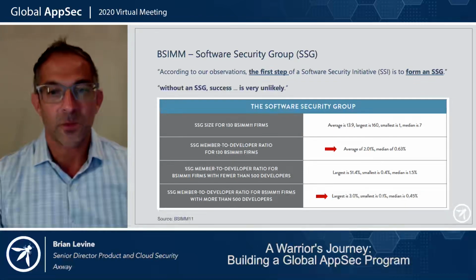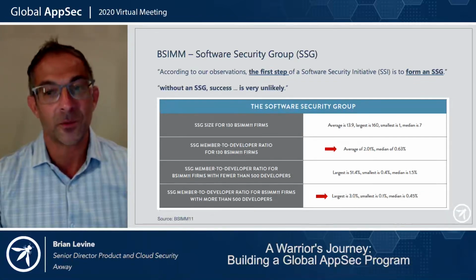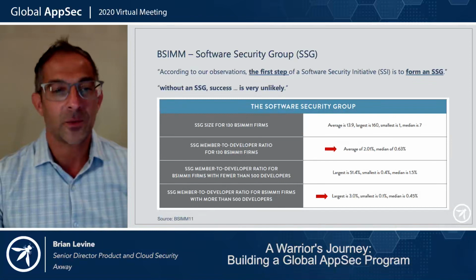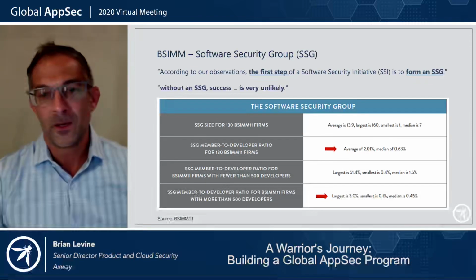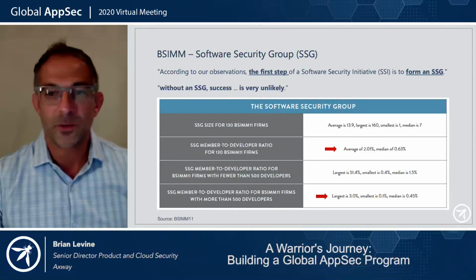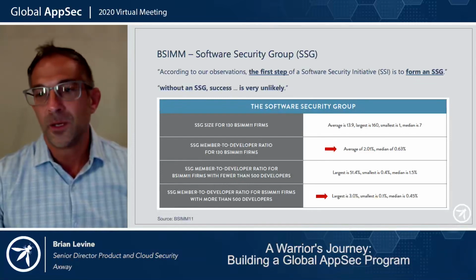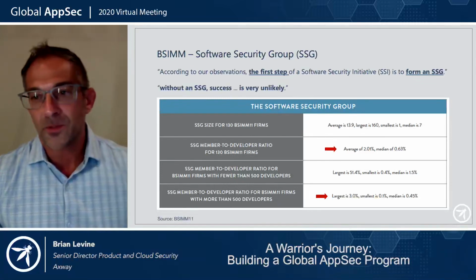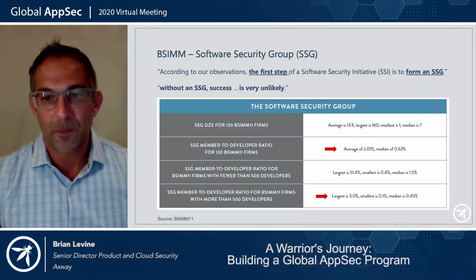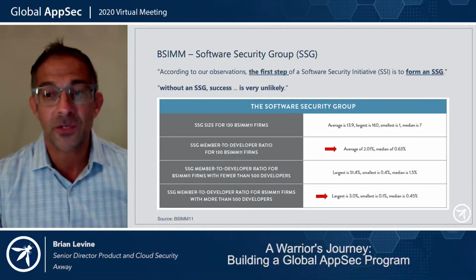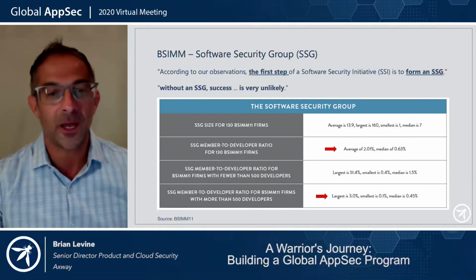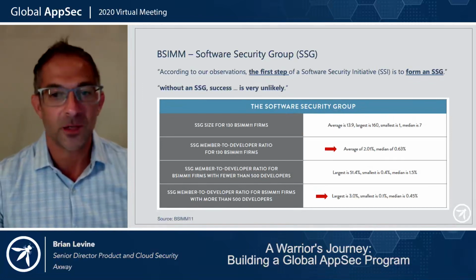And then firms with 500 developers or more, in that group, the largest size of the SSG was 3%. So as a benchmark, somewhere around 1 to 3% of your SSG team to the number of developers seems like the goal to shoot for. And of course, it all depends on the size of your organization, your mission, the business you're in, and the information you're trying to protect.